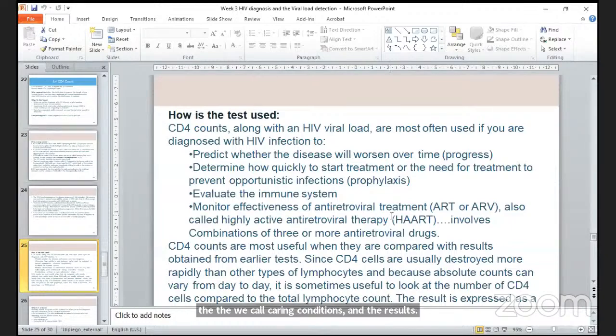Prophylaxis here means that bit of treatment that is normally done for a particular disease before it starts. So this can indicate the start of that, so that we can start the prophylaxis.